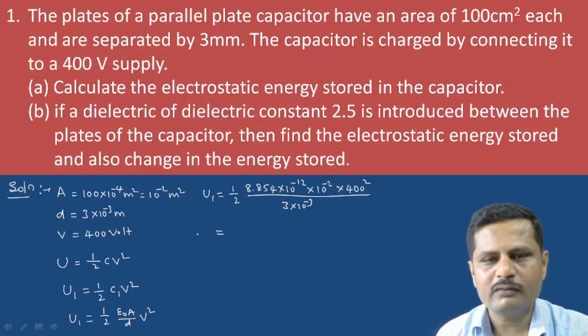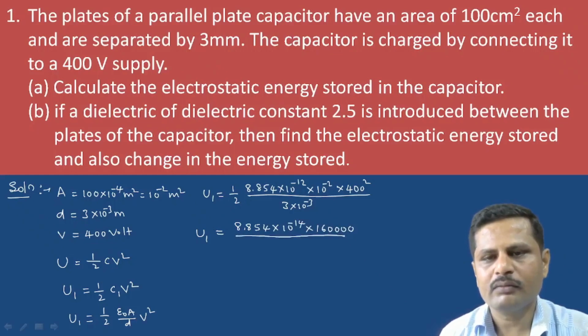On simplifying this, we get 8.854, 10 raised to minus 12 into 10 raised to minus 2, that is 10 raised to minus 14, into 400 square, that is 1,60,000, divided by 3 into 2, 6 into 10 raised to minus 3.